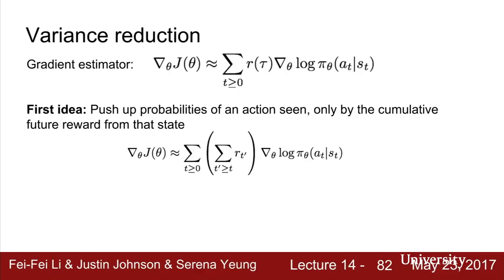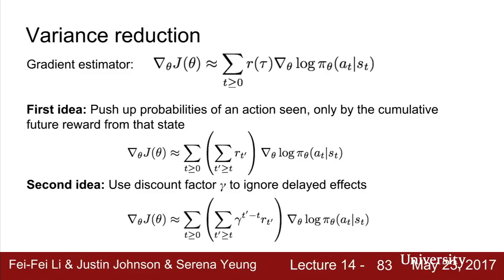So instead of scaling the likelihood of this action by the total reward of the trajectory, let's look more specifically at just the sum of rewards coming from this time step on to the end. This is basically saying that how good an action is is only specified by how much future reward it generates, which makes sense.